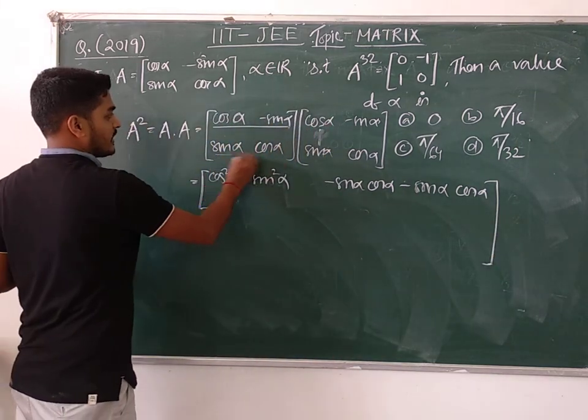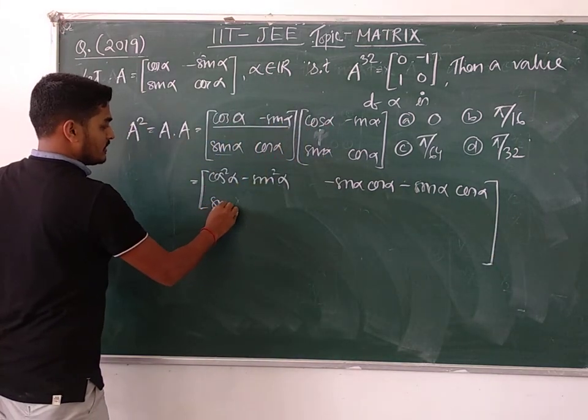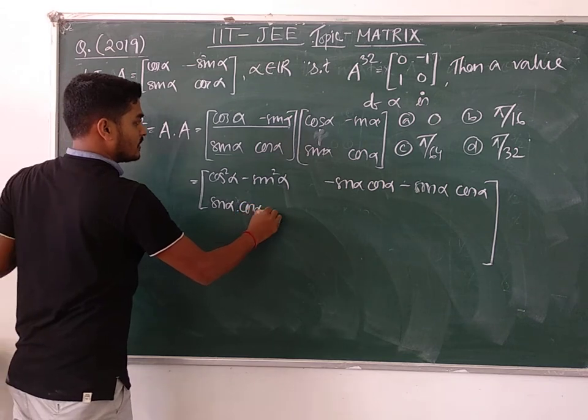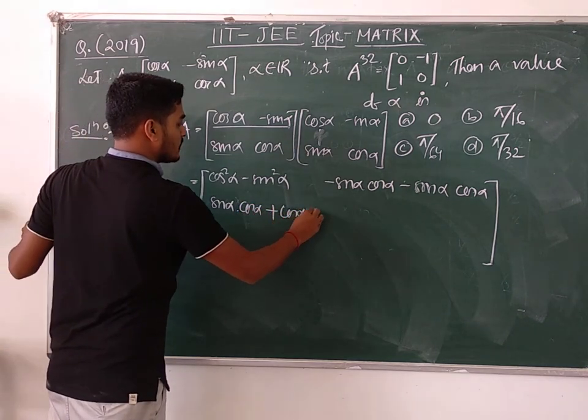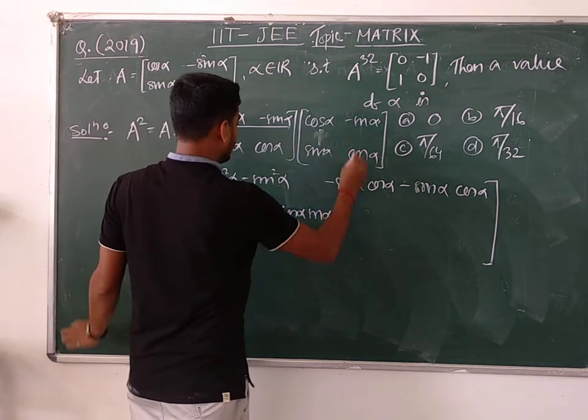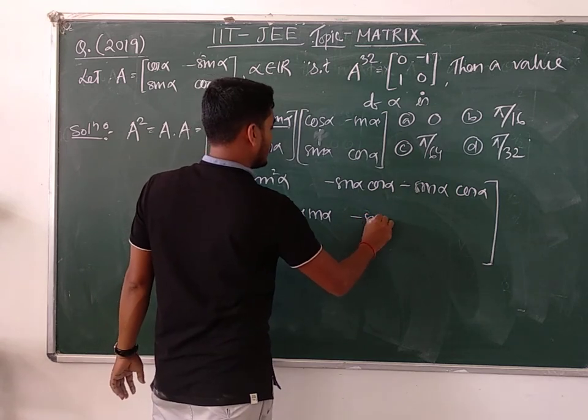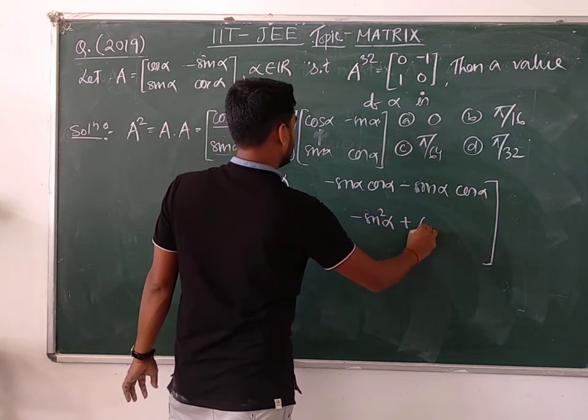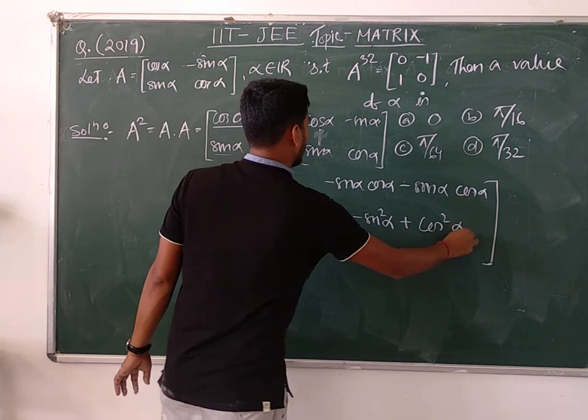Okay, and the second row, first column, it will be sin alpha cos alpha plus cos alpha sin alpha. Then it will be minus sin square alpha plus cos square alpha.